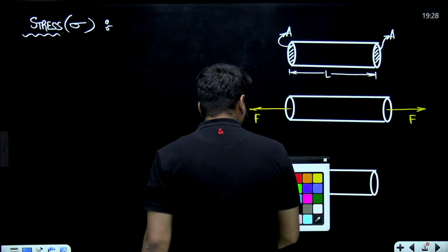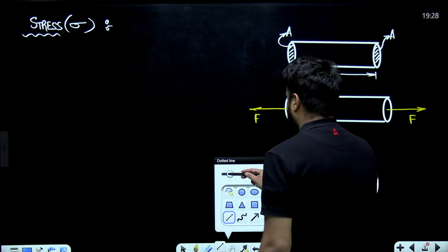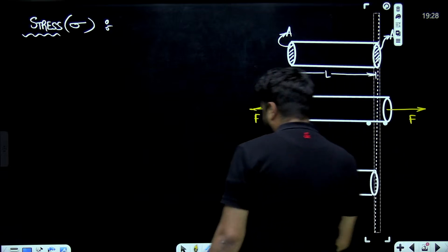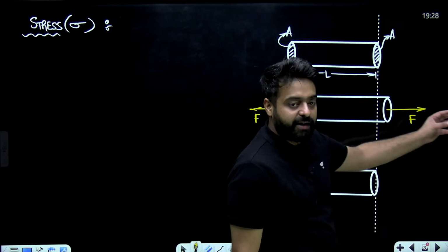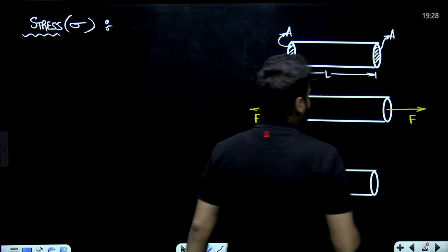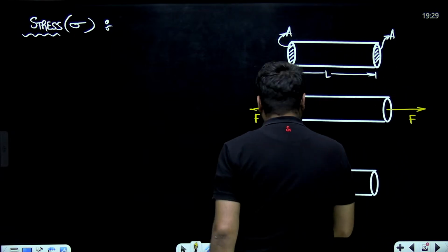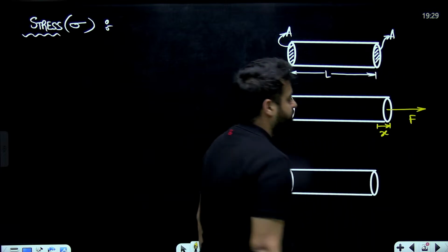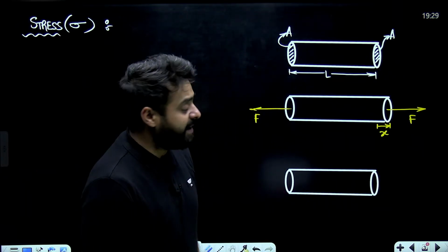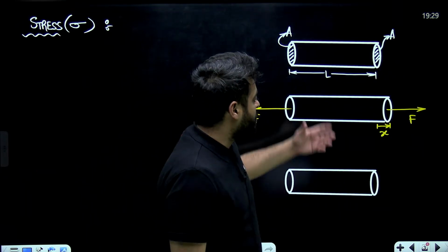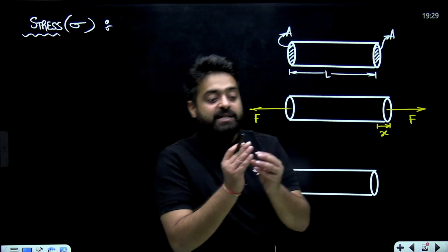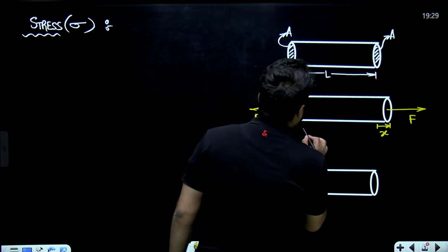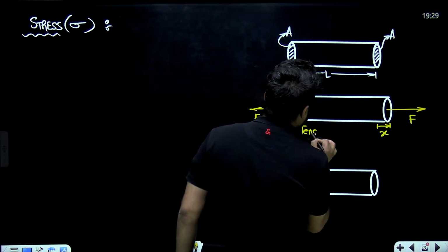If the body length gets extended by some value, let's suppose that value is x, then can I say from its original length it got extended, its length increased. Whenever its length increases, you can say this is a tensile stress condition.